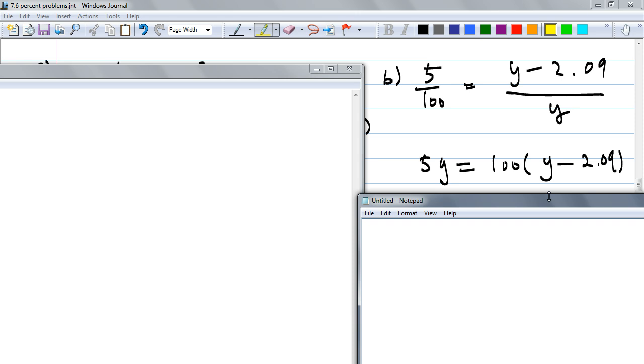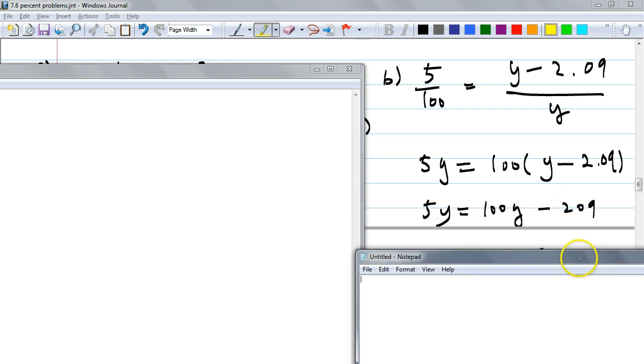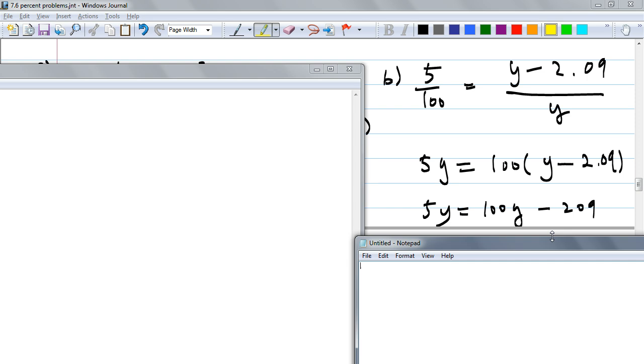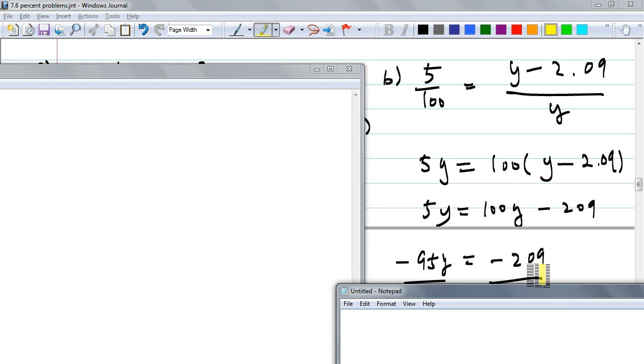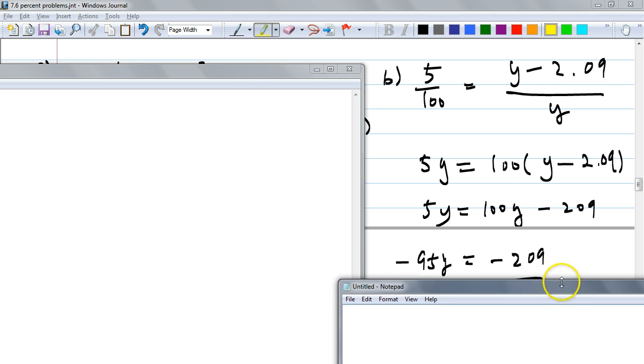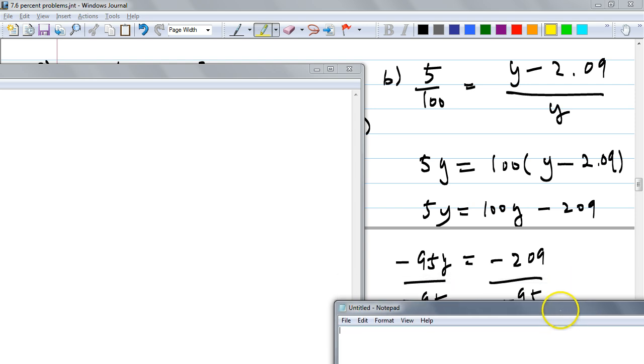When I do that, I get 5y equals 100 times y minus 2.09, and I distribute, and all the decimals go away. So when I subtract 100y from both sides, you get negative 95y equals negative 209. Divide both sides by 95.